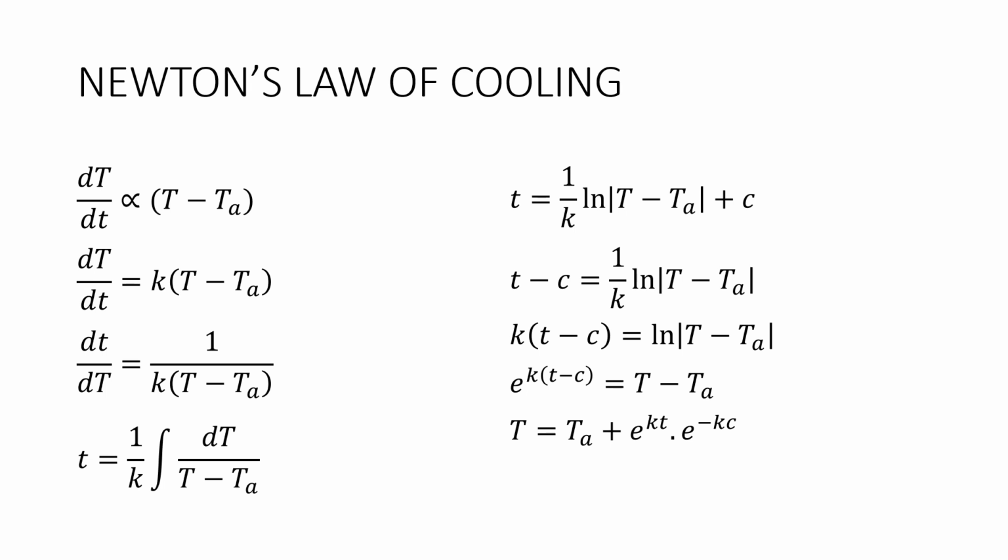Now you can see at the same time I've done my sneaky trick again. I've split this up. So this is e to the kt times e to the negative kC, and that is a constant. So I'm going to rewrite this as A plus B e to the kt. Now A is the ambient temperature, B is a constant, e to the kt, and k is another constant.